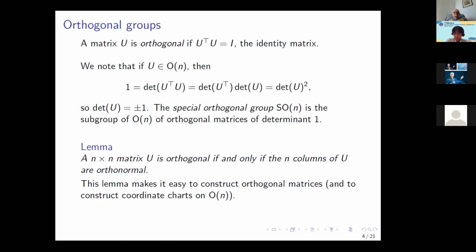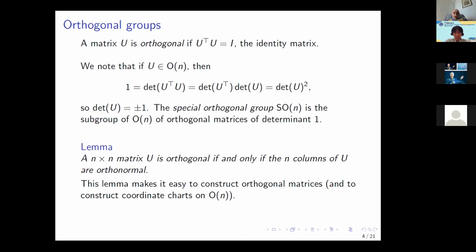So here is a useful lemma: a matrix is orthogonal if and only if the columns of the matrix, so an n by n matrix has n columns, and each of these I can think of as a vector, so I have n vectors, and these n vectors have to be orthonormal. They have to be of length 1, and they have to be perpendicular to each other. And this is probably something that you see in linear algebra.